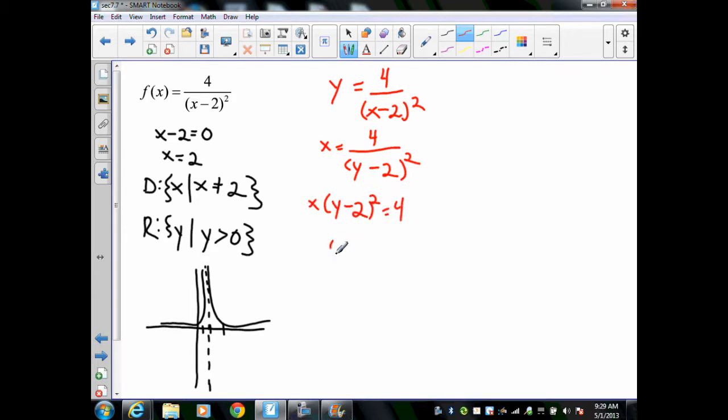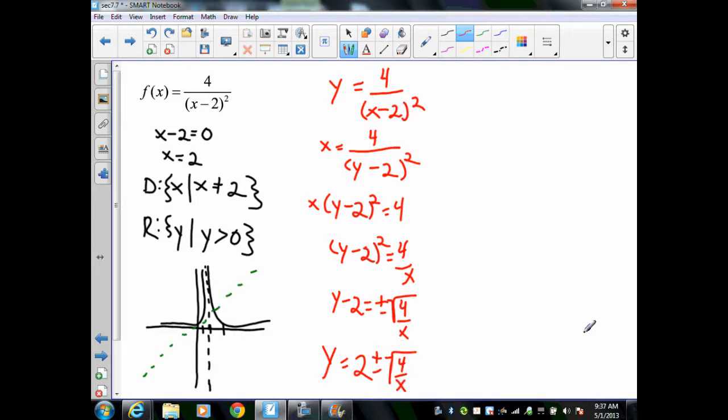Divide by x, y minus 2 squared equals 4 over x. Take the square root of both sides. y minus 2 equals plus or minus the square root of 4 over x, and then add 2. So y equals 2 plus or minus the square root of 4 over x. And that is the inverse of f.